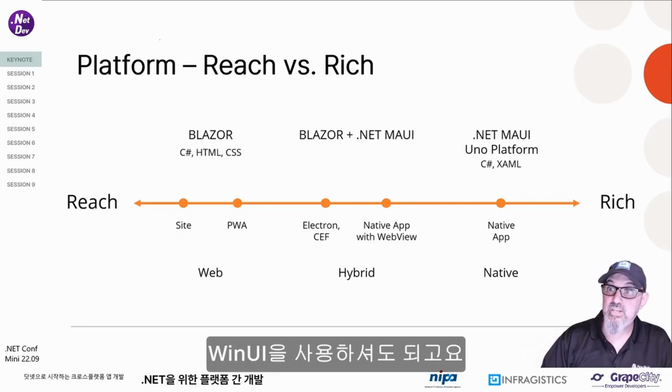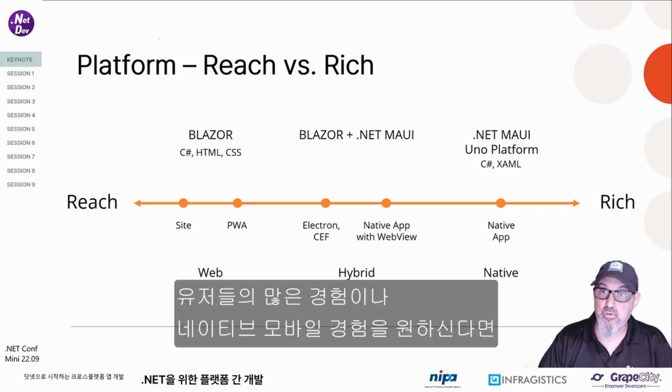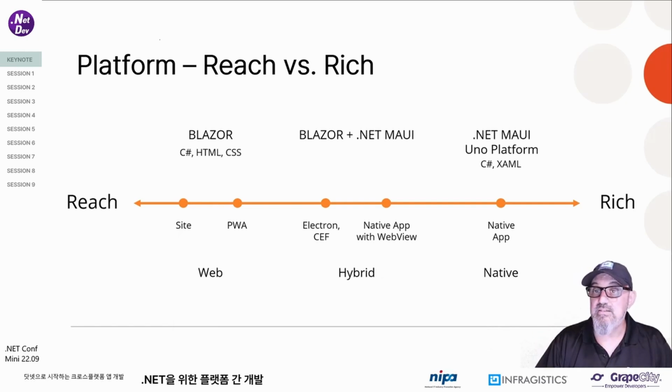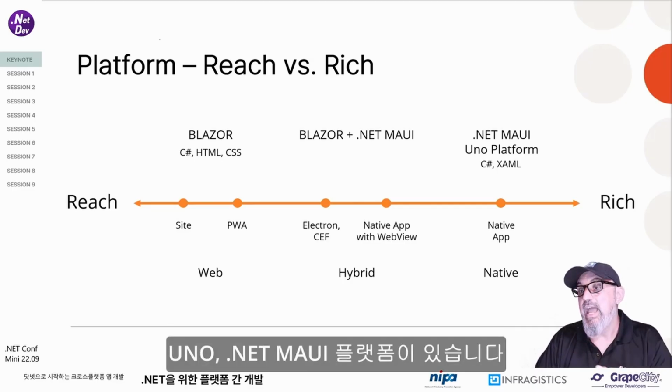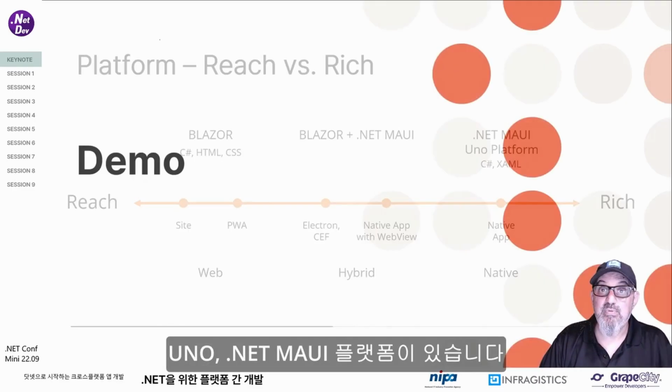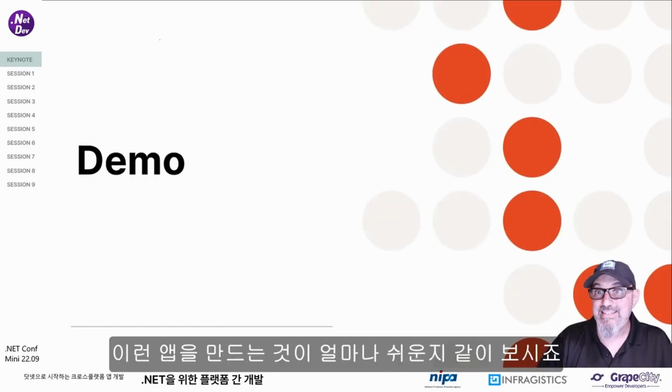You may look at WinUI. It's really up to you, but those are Windows-specific platforms. If you're looking at reach or native mobile experiences, these are the platforms like Blazor, Blazor MAUI, and Uno and the .NET MAUI platform.